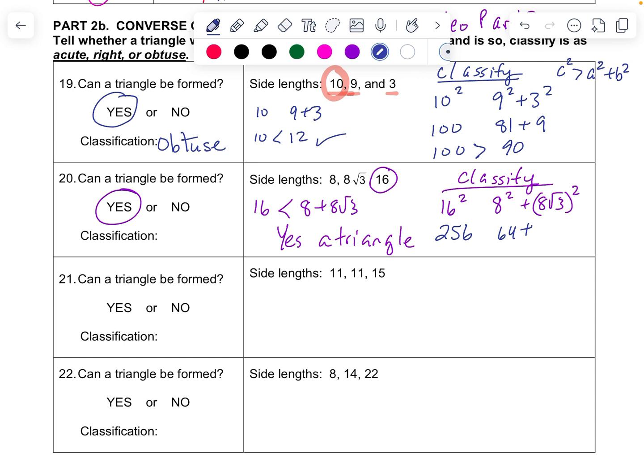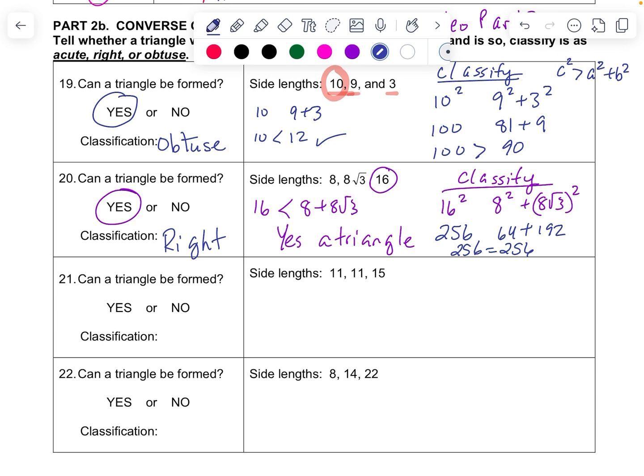And then you're going to add that to 8 square root 3 squared. So that's really 64 times 3, so that's plus 192. If I add 64 and 192, you're going to get 256. So these are equal to each other. That means that you do have a right triangle.